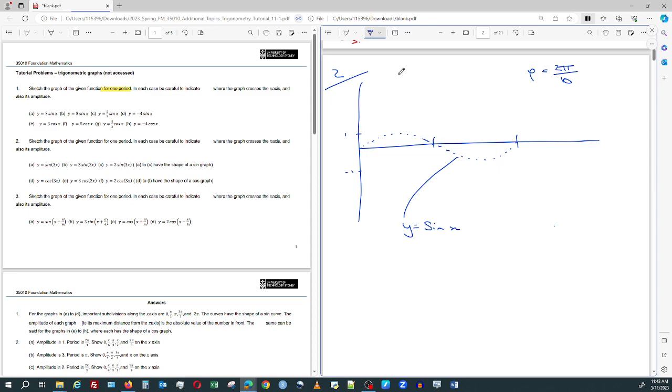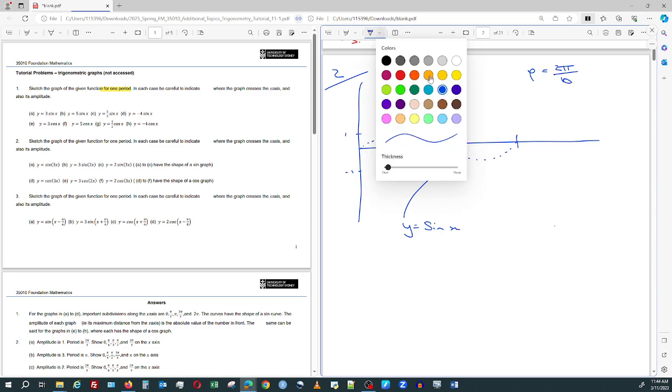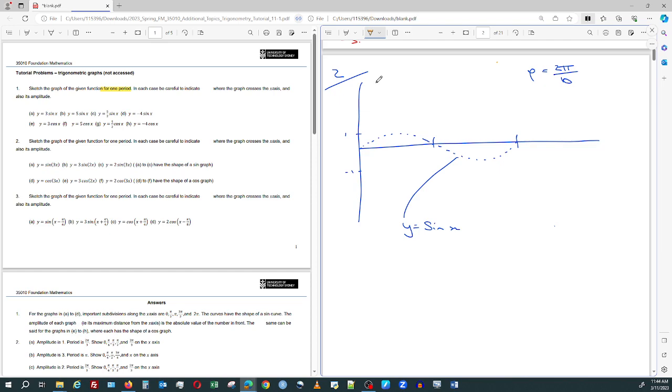And so for part A, we've got y equals sine 3x. So this is our b. Okay, so our period is 2 pi on 3, or 2/3 of pi.